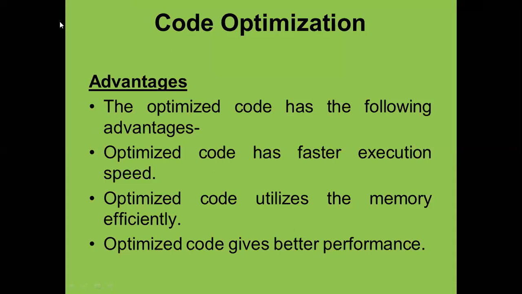Why do we use code optimization? Because our target is to make the compiler more efficient, and also we want to reduce the memory requirement.